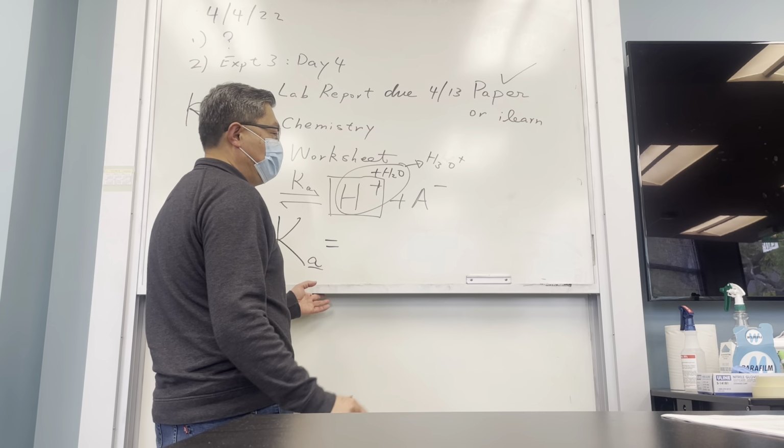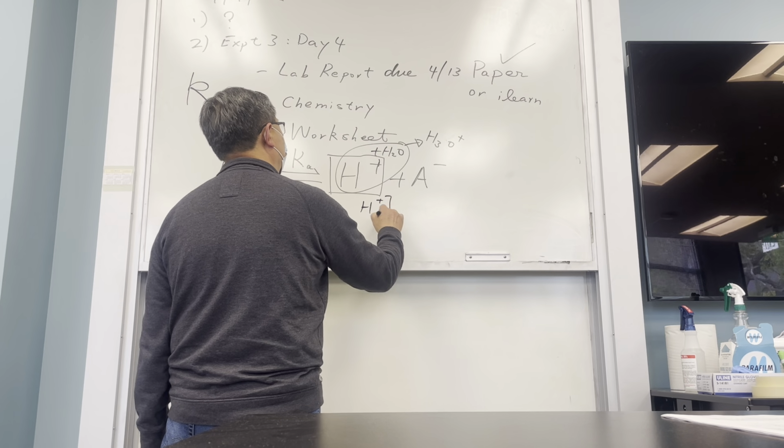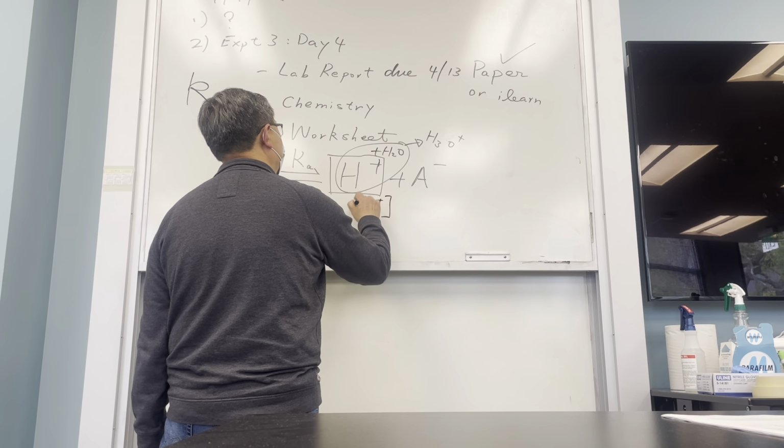So how we write the expression would be the product, which is the proton concentration, and the conjugate base, over the weak acid. Now this is the equilibrium expression.